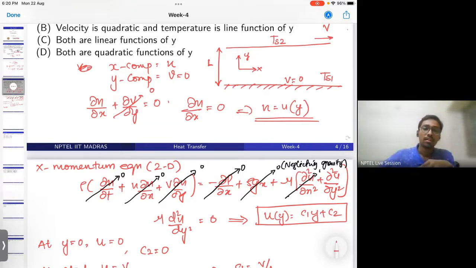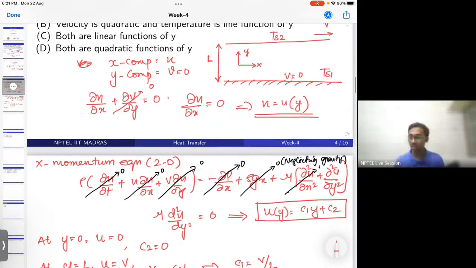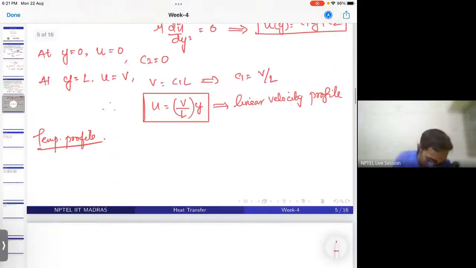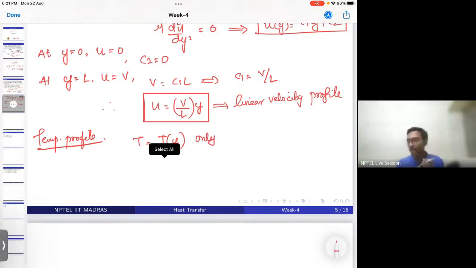So we have to find out the temperature profile. The plates are isothermal, which means at any location the temperature of the plates will be the same. When plates are isothermal and there is no change in the flow direction, and the flow is taking place in the x direction, we can take temperature as a function of y only. Okay. So the temperature is not a function of x.